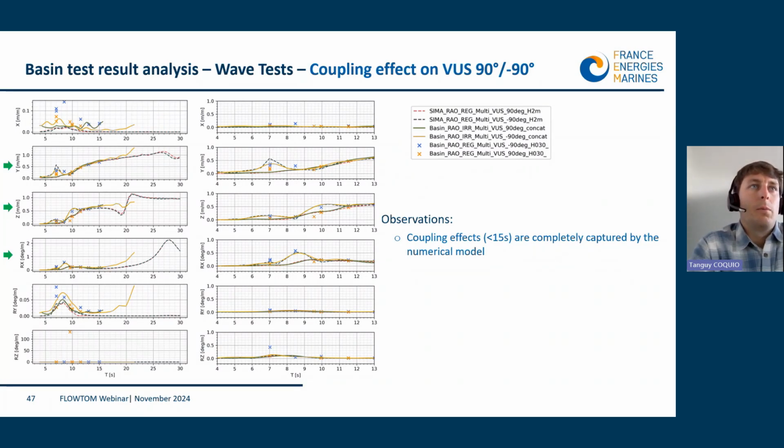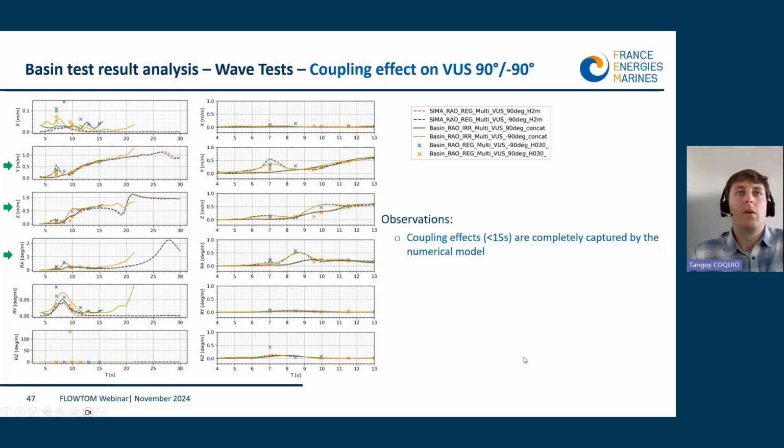Here we are superimposing the curves of the numerical model and the basin test results, and we can see that we have a very good match, and we captured with great accuracy the coupling effect between the bodies in the basin, which is very encouraging for the use of our main model for the next study in the FLOWTOM project.